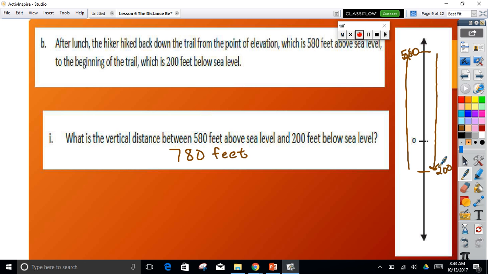It's a negative change. Good. So distance is always positive, but change can be either way depending on which direction we're going in. So for part 2, where it asks what is the change in elevation, you would want to say that it's negative 780 feet, because when he traveled back down, it changed by getting lower.